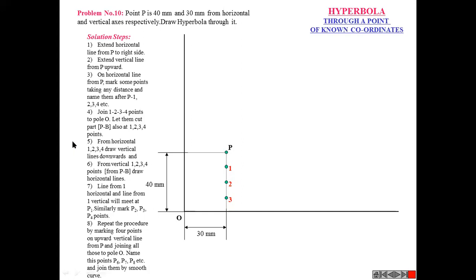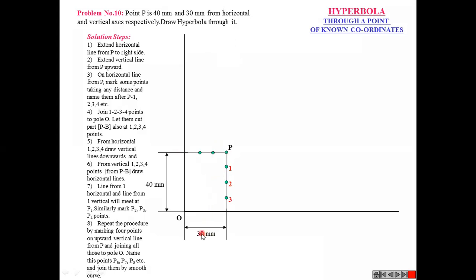So this horizontal line will also be divided with each division 10 mm, like this.